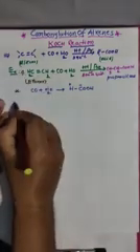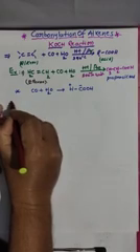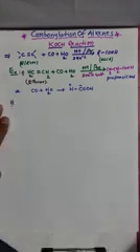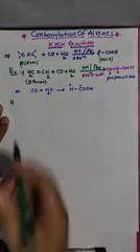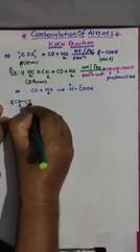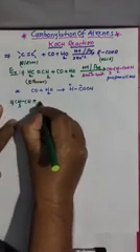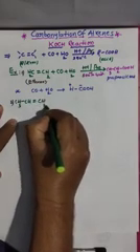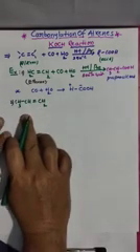Now I am taking one more example. This time I am taking an unsymmetrical alkene. CH3 CH double bond CH2, and this is an unsymmetrical alkene.